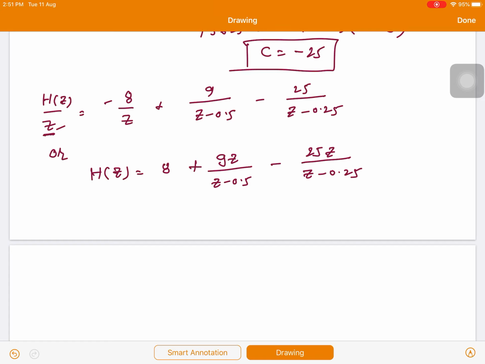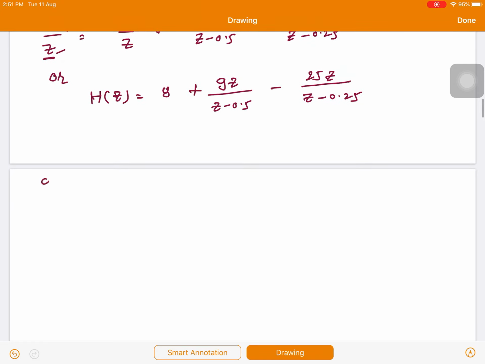Okay, or you can write it down as H(z) equal to 8, which is constant, and just divide by this z value.